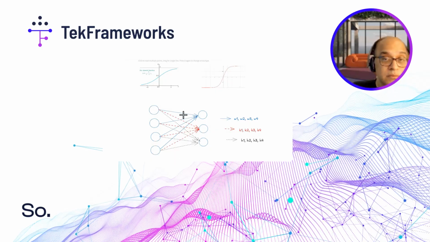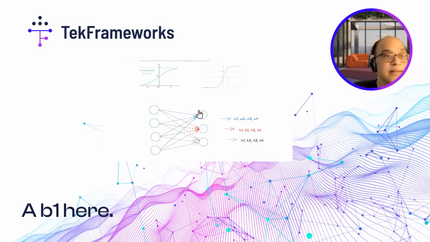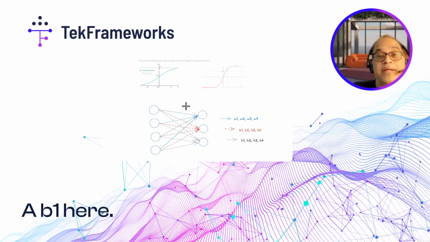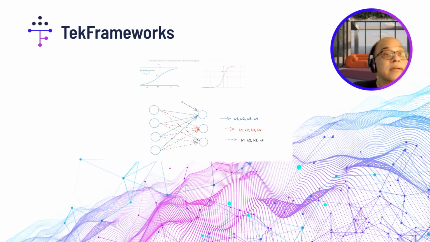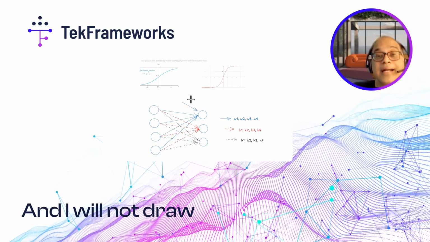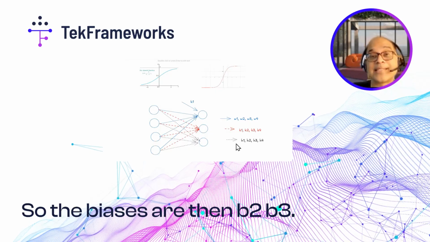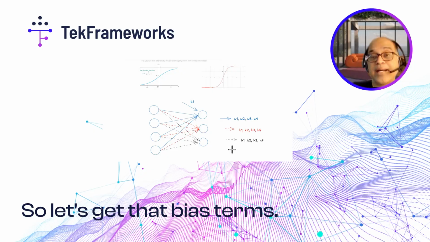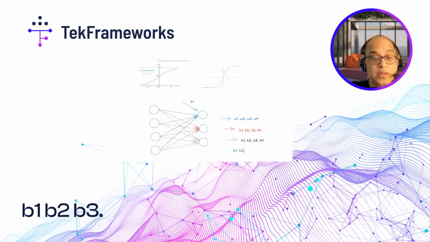So a B1 here, and let's call it B1, and I'll not draw the other guys. It's obvious. So the biases are then B2, B3. So let's get the bias terms, B1, B2, B3.